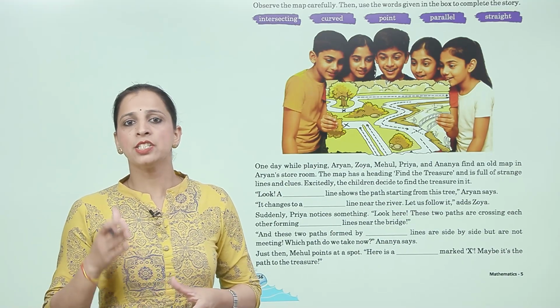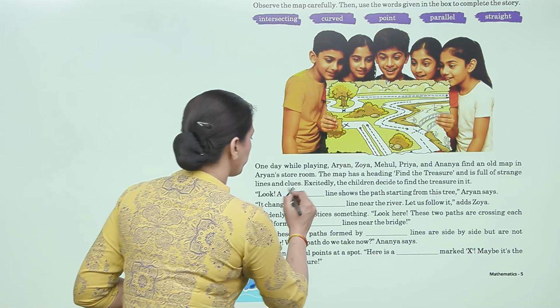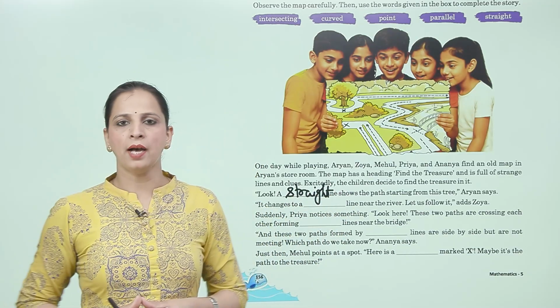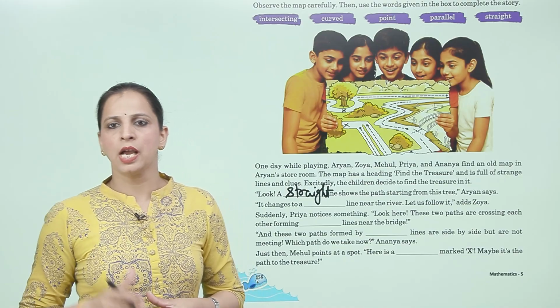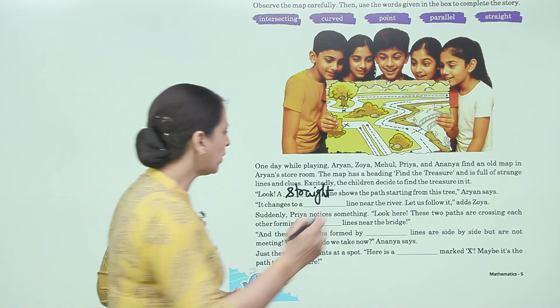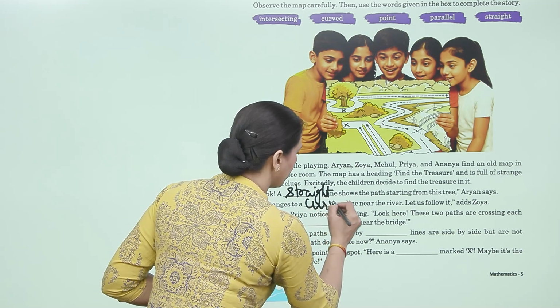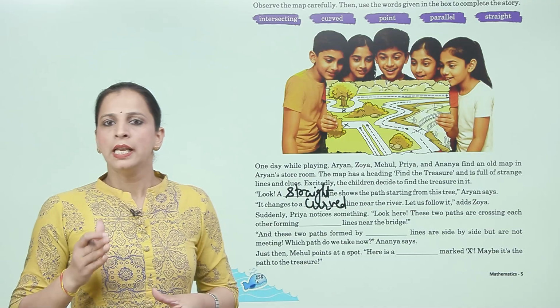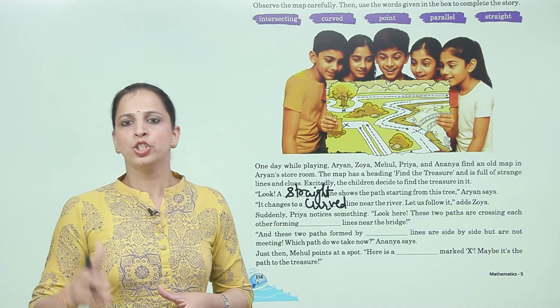Look, a dash line shows the path, a straight line shows the path starting from this tree. Aryan says, it changes to a dashed line near the river. Near the river, it becomes a curved line. Let us follow it, adds Zoya.